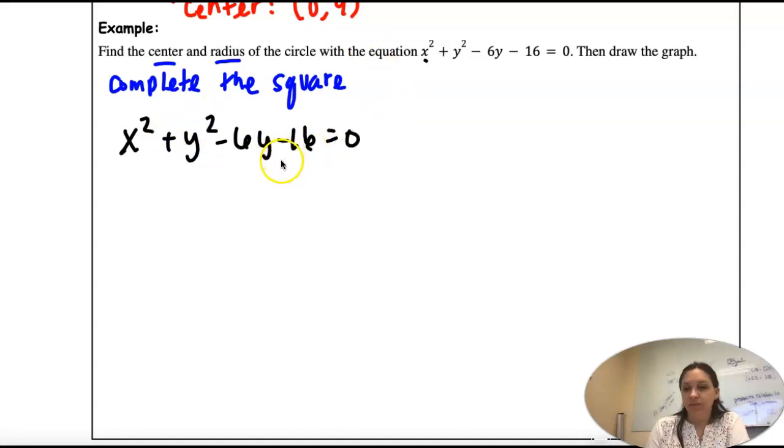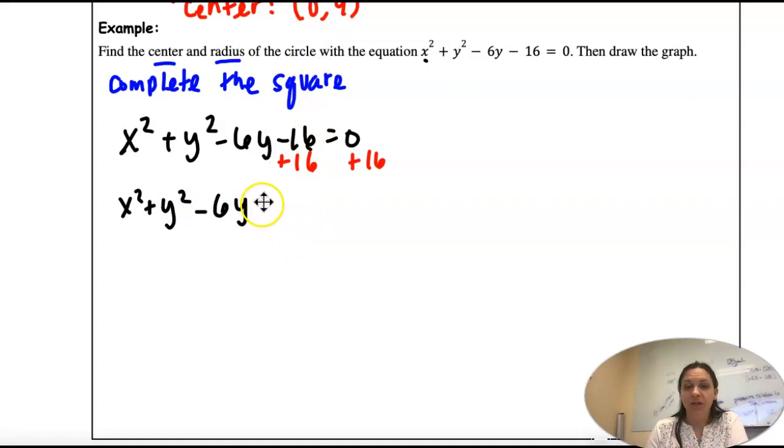So first thing, I'm going to get rid of the 16. I'm going to move it to the other side, because remember our equation is equals r squared. So now I have x squared plus y squared minus 6y. And then this is something different. I'm going to leave some space. Completing the square, I need to add a number out here.